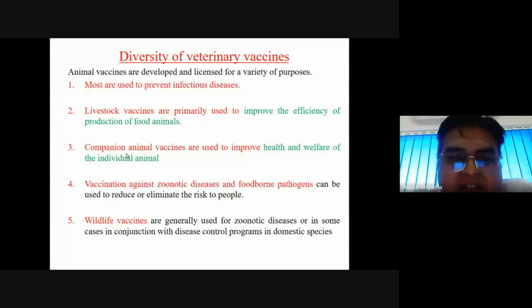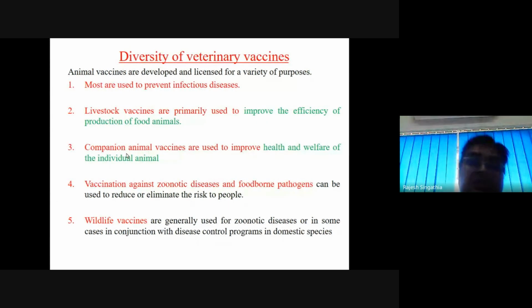We already discussed that animal vaccines are developed and licensed for a variety of purposes. So the first one is that most are used to prevent infectious disease. Livestock vaccines are primarily used to improve the efficiency of production of food animals. We do vaccination in sheep and goats, and in poultry, just to improve the efficiency of production of food animals.